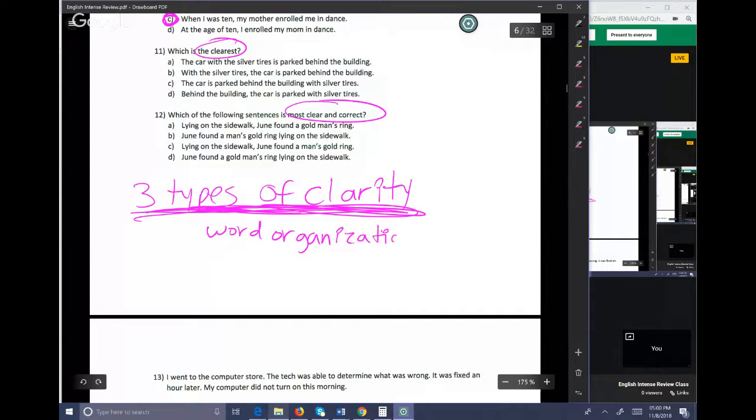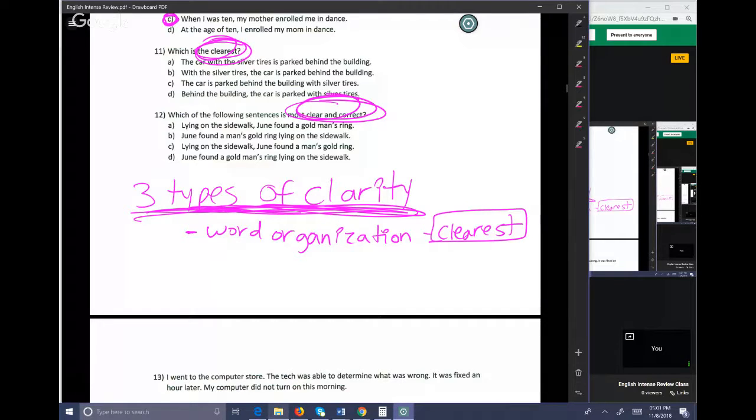That's where each of your given sentences is pretty similar to your other given sentences, but you're deciding, do I say this phrase first or do I say this one first? And you're rearranging your wordings to essentially get the clearest. So you'll see these questions asked as what's the clearest or clearest and most correct. And you're just rearranging words. You're rearranging a combination of subjects and modifiers to get it the clearest.